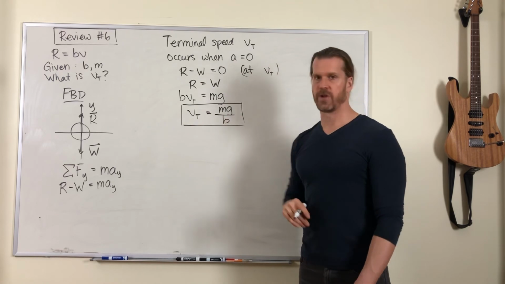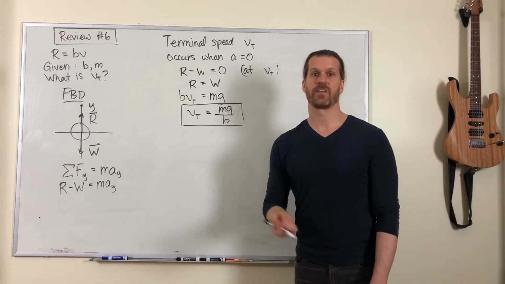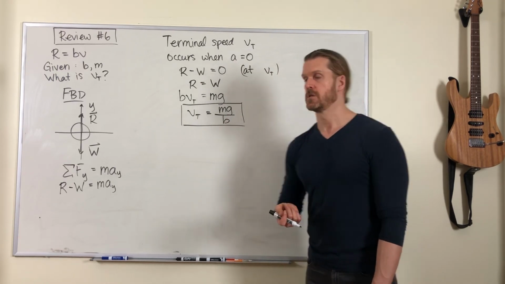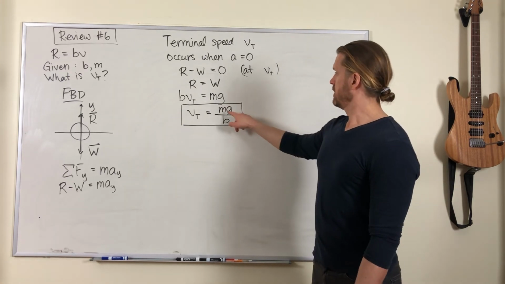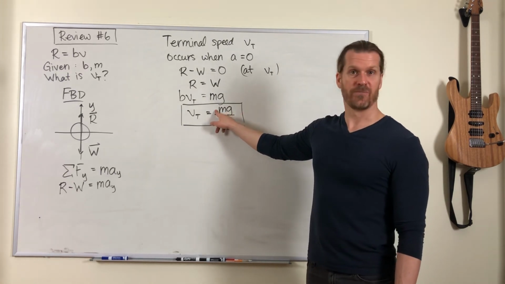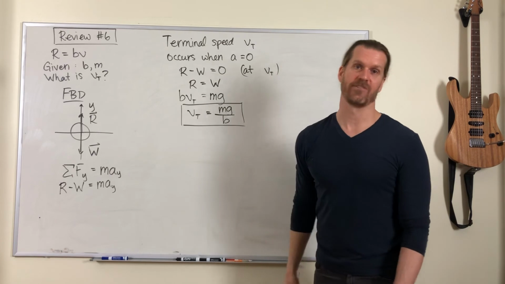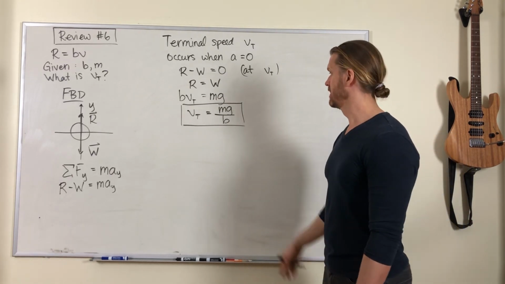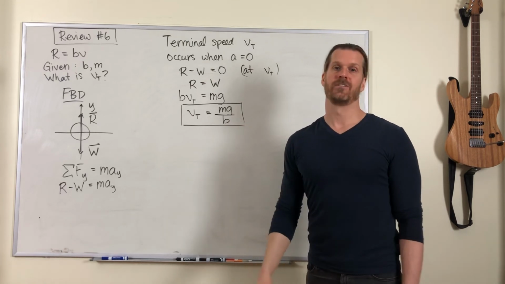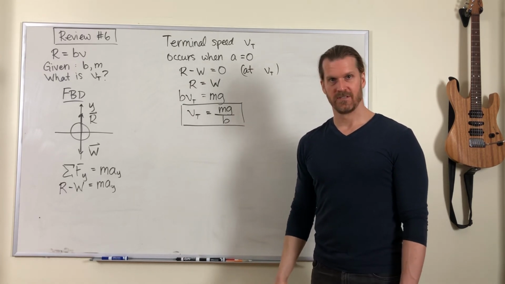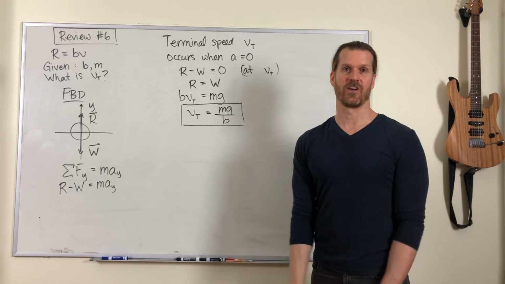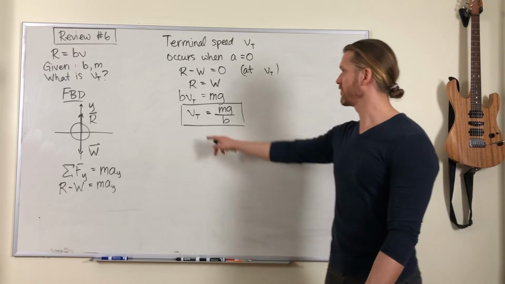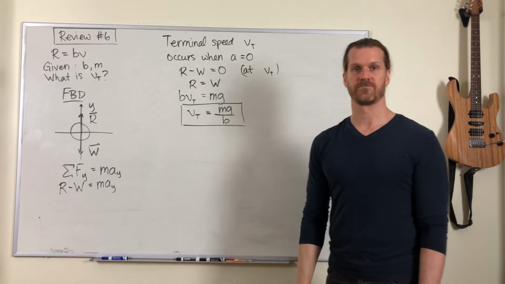Now you can look at this equation and understand some things about terminal speed. The bigger the object's mass, the bigger the gravity force will be, and the larger its terminal speed. The bigger the B value, the more air resistance the object experiences, and the smaller the terminal speed will be.